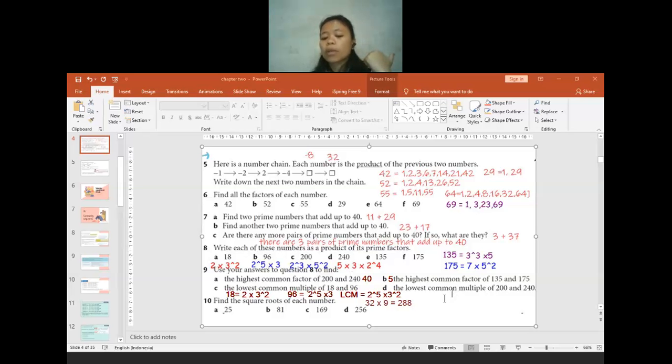So for the lowest common multiple, for the number 2, which power do we have to take? The 2 to the power of 3 or 2 to the power of 4? Yes, we take the 2 to the power of 4. After 2 to the power of 4, which number do I have to multiply with?